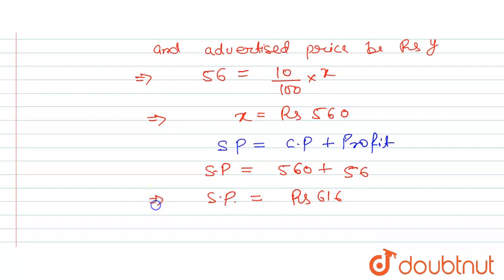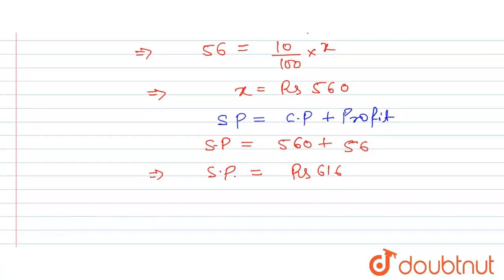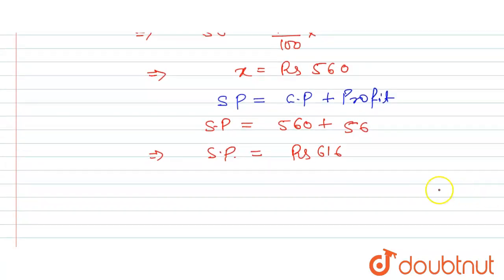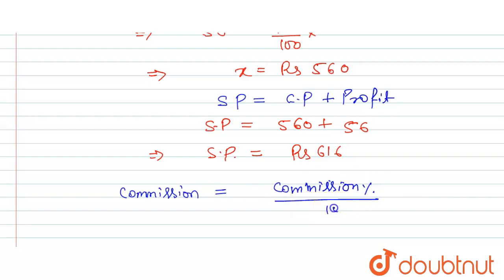Now this is the selling price, and also we will find the advertised price. We also know the relation between commission and advertised price. Commission will be equal to commission percent upon 100 into advertised price.